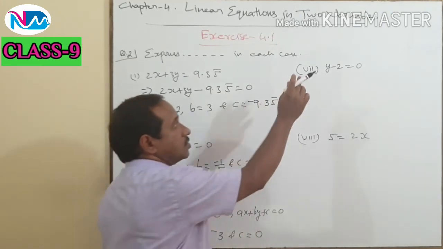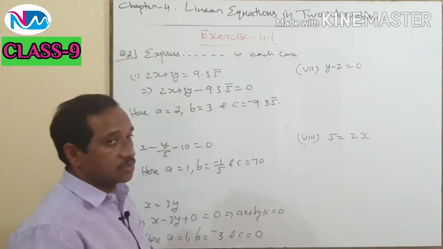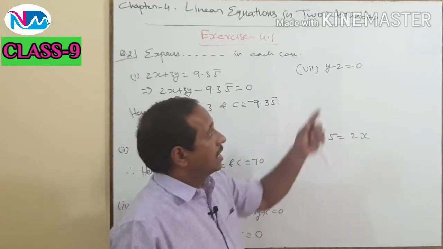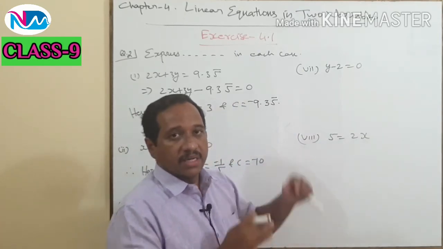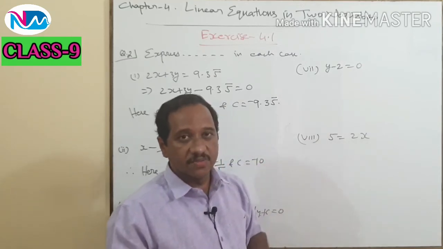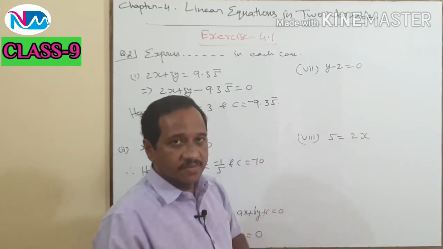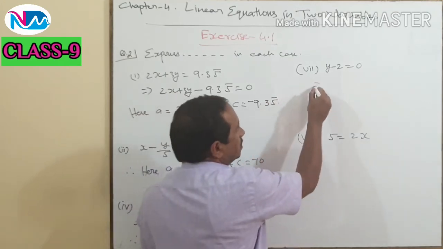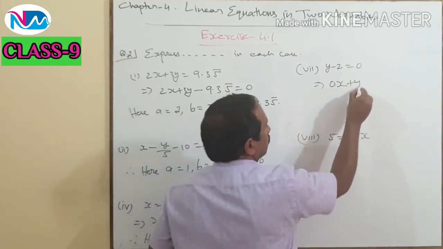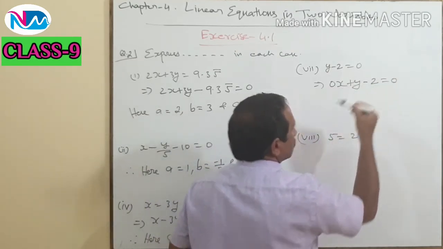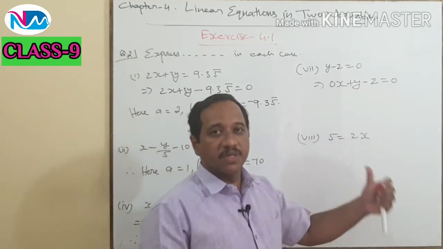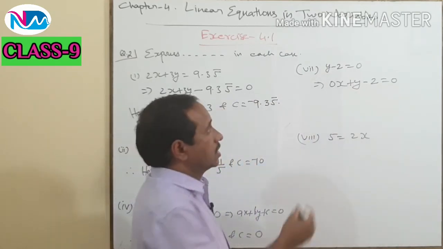Now we will move on to the seventh question under question number 2. The equation given is y minus 2 is equal to 0. The RHS is equal to 0, but here it is not in the standard form because the x term is missing. Since the x term is missing, we can give 0x plus y minus 2 is equal to 0, which is now in the form of ax plus by plus c is equal to 0.